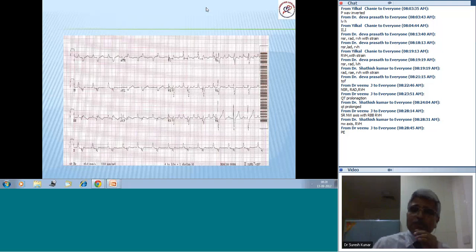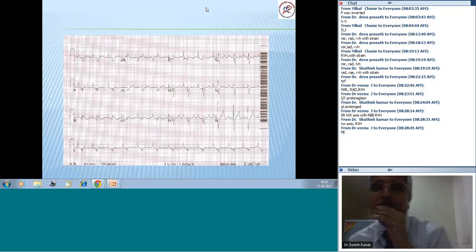No. These are after all pediatric ECGs. Won't you think of an atrial septal defect, ostium secundum? This can be considered fairly. Yes. Move on to the next ECG.